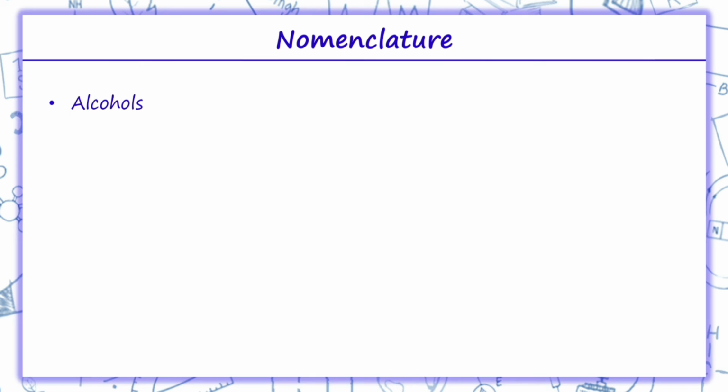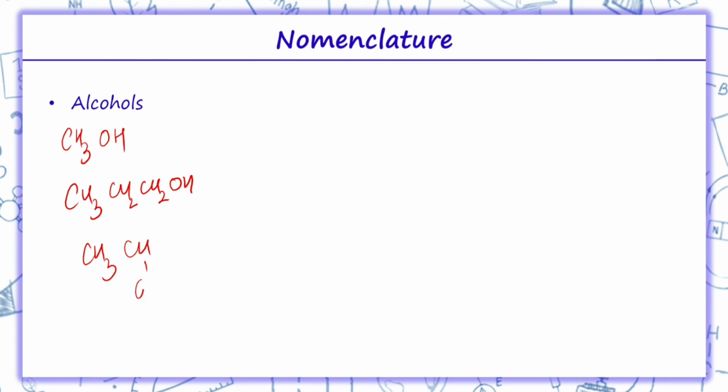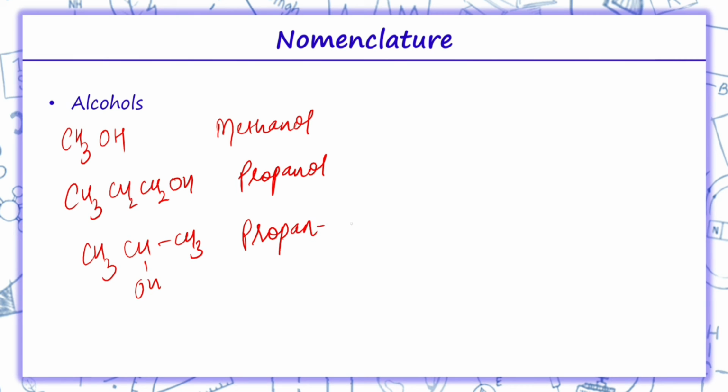Coming on now to the nomenclature part. Like we have CH3OH, this is methanol. Similarly we have CH3CH2CH2OH, propanol, CH3CHOHCH3, propan-2-ol.